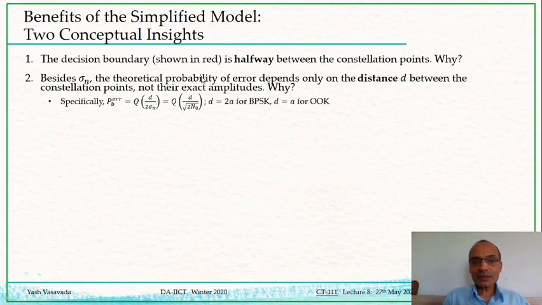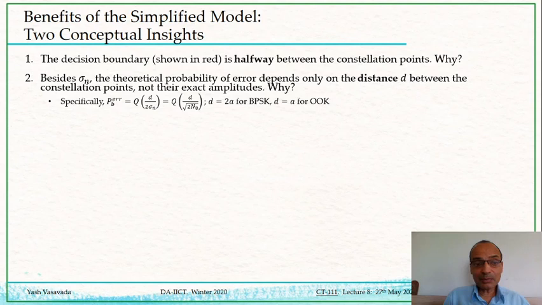The second point that we can make is that suppose sigma n, the standard deviation of the noise, is held constant. Then the theoretical probability of error depends not on the absolute place at which the constellation points are, but instead it depends only on the distance between the constellation points.